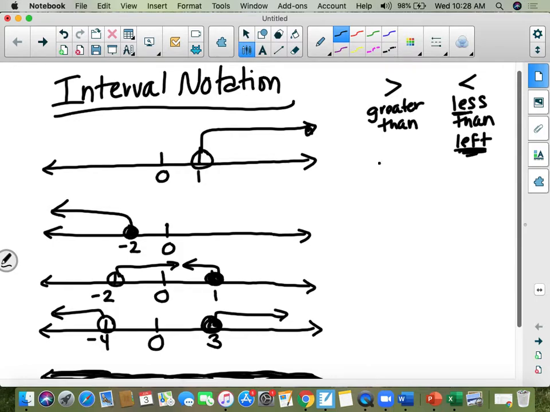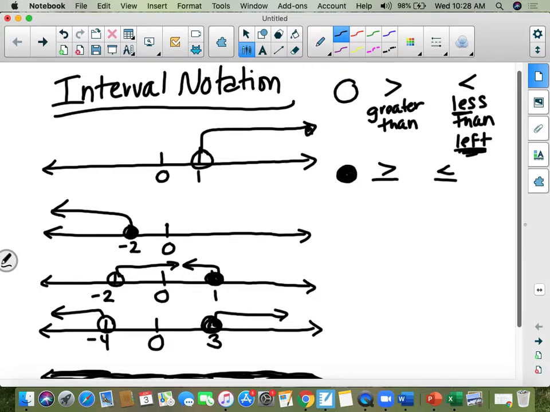We also are going to see greater than or equal to, and less than or equal to, with a line underneath it, which means you have to include it as part of your problem. Greater than and less than without a line underneath it, you use an open circle. When you have a line underneath it, you use a closed circle. No line, open circle, line underneath, closed circle.